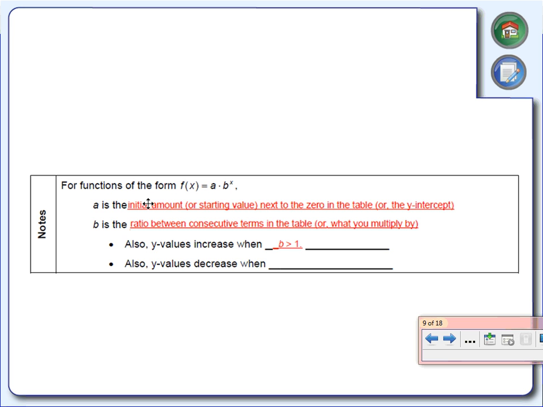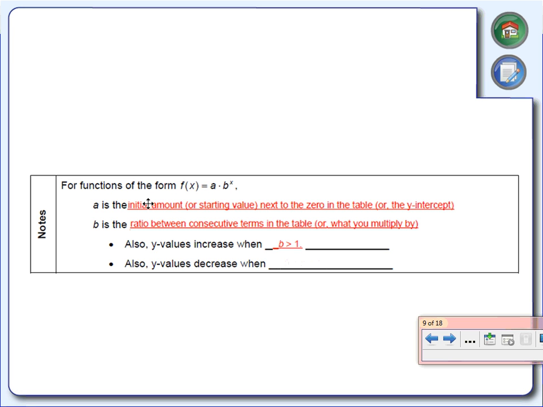Now, if those y values are decreasing, what does it say about our b? Less than 1. But we need to be careful here, because if I say b is less than 1, that would also include some negative numbers. And right now I don't want to include the negative numbers, I just want positive numbers.